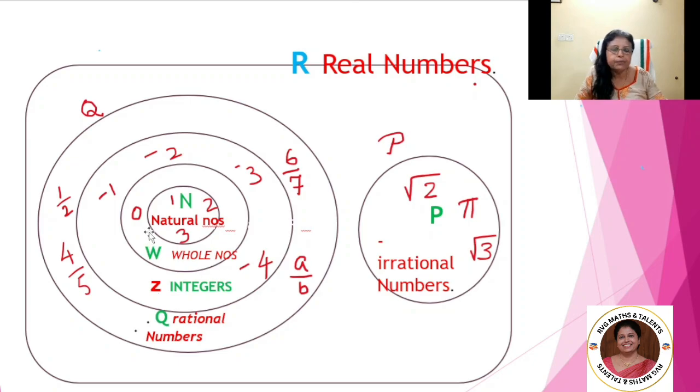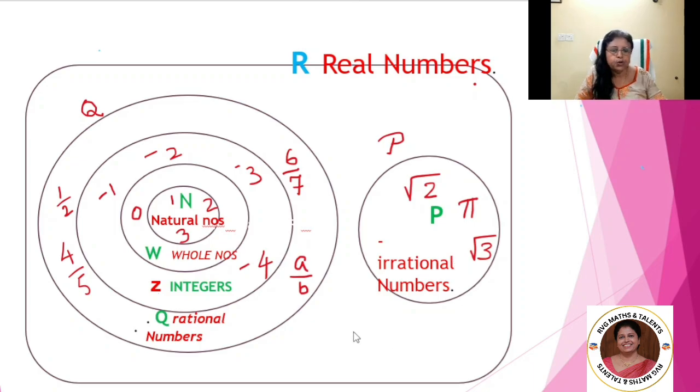The numbers which are not rational numbers, that is, which cannot be written in the form A by B, are called irrational numbers. Examples are root 2, pi, root 3, etc. Irrational numbers are denoted by the letter P.